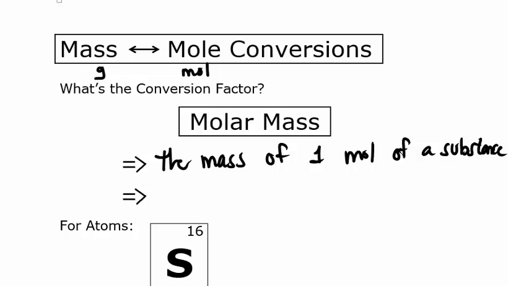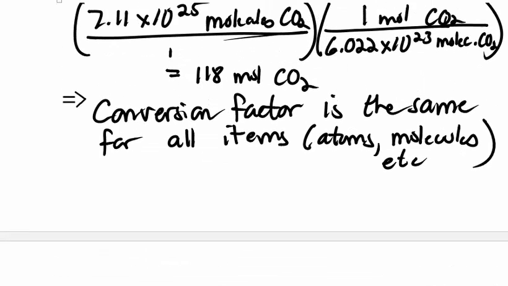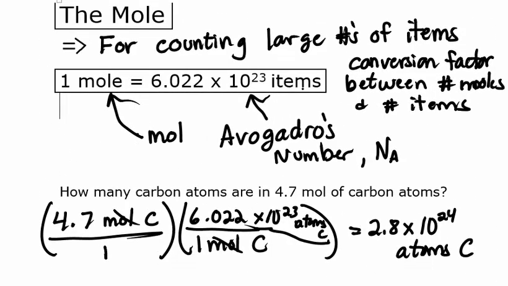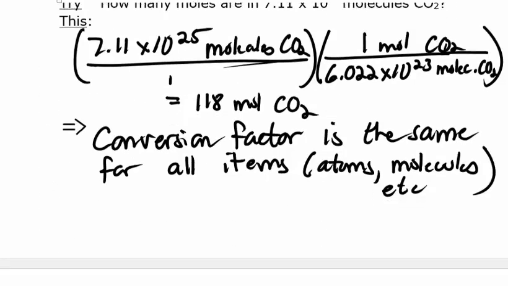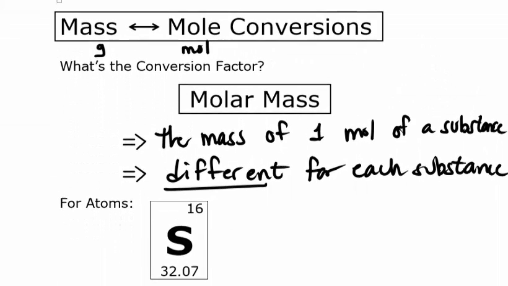That is different for all substances. They don't all weigh the same. So that's a difference. It's different for each substance, in contrast to converting between counts of items and moles, like we did for Avogadro's number, which is the same for all items. If you're converting between mass and moles, it's a different number for each substance.